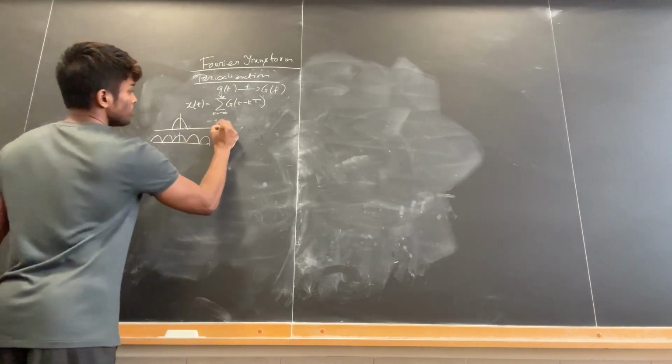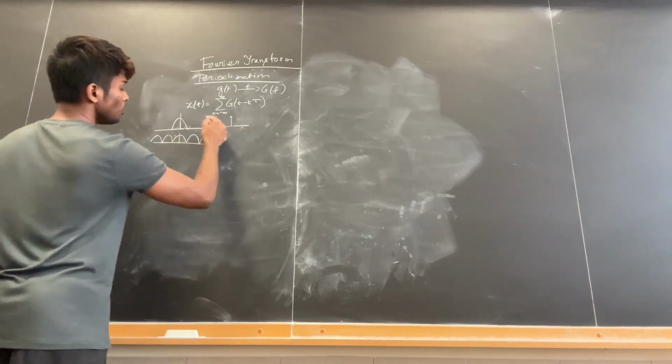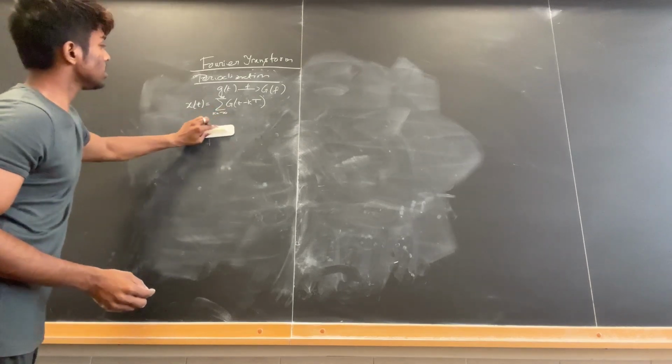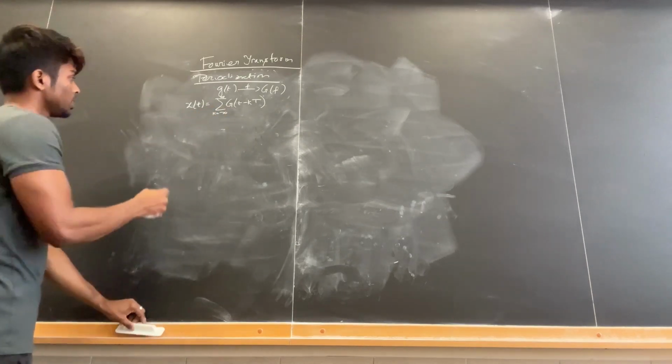So it should have some Fourier transform, and how will the Fourier transform change? That's what we want to see. After periodizing the signal in the time domain, the Fourier transform also changes.